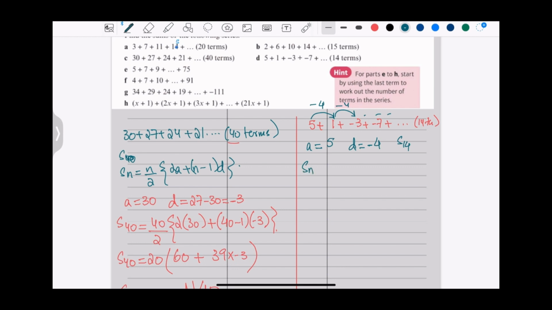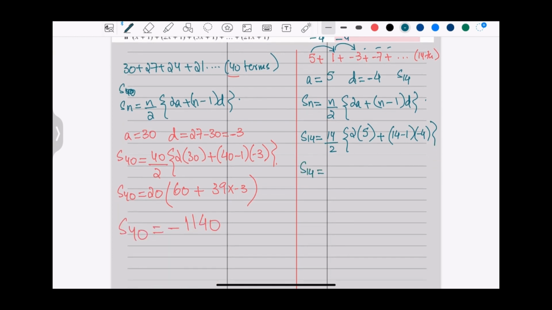We know that Sn is equal to n over 2 times 2a plus n minus 1 times d. For S14, replacing n with 14, 14 over 2 times 2 times 5 plus 14 minus 1 times d, which is negative 4.